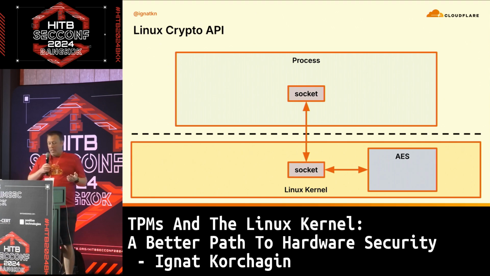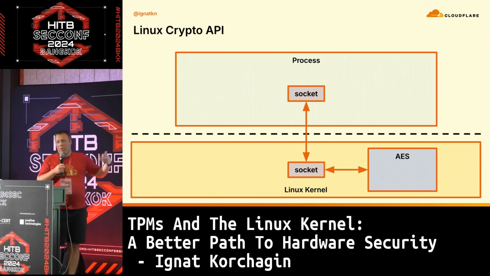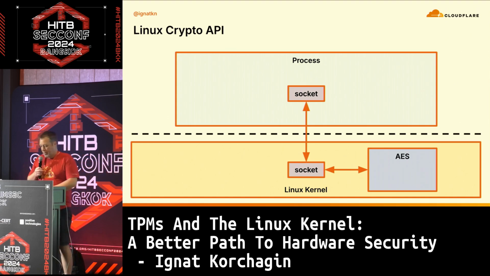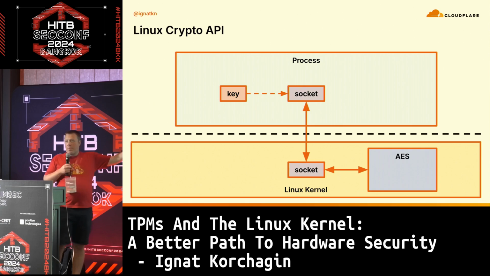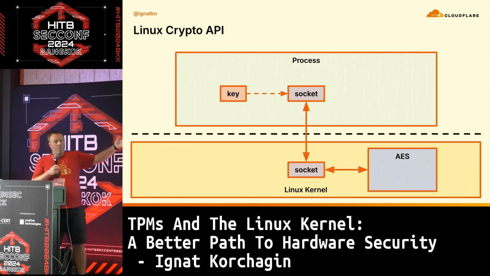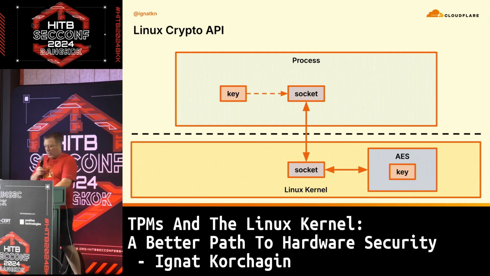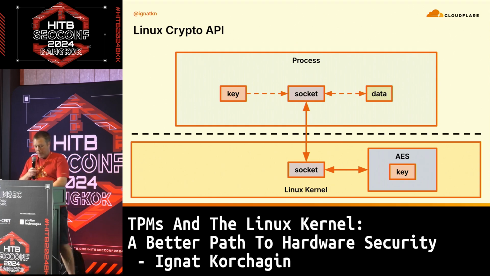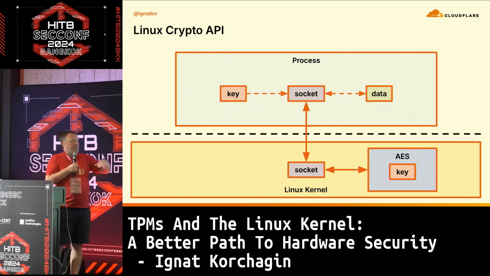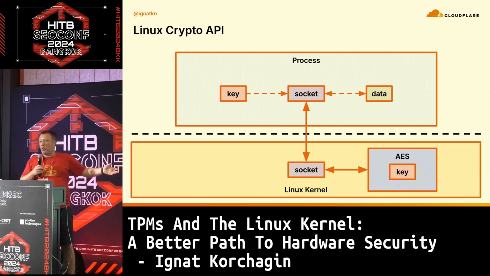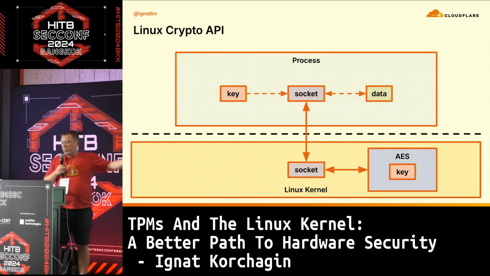Once you create that socket, the kernel internally will create an instance of some encryption algorithm that you request, for example, AES. Then you provide some secret or cryptographic key to the kernel. And then you can send data to the socket and the kernel will encrypt or decrypt it for you. So you can use the kernel as a crypto library.